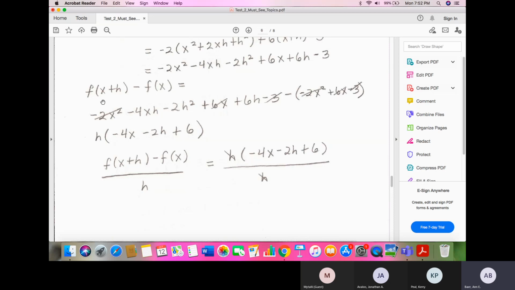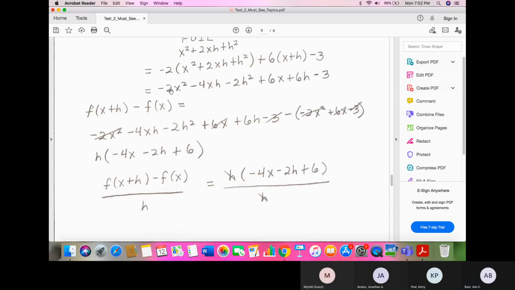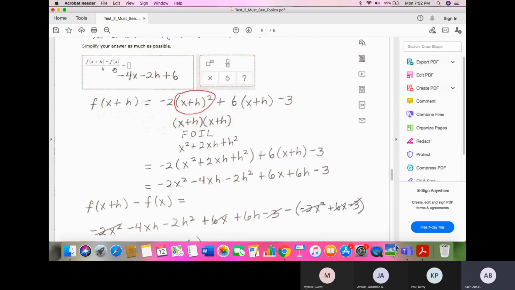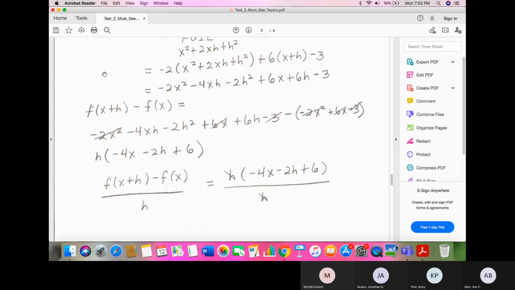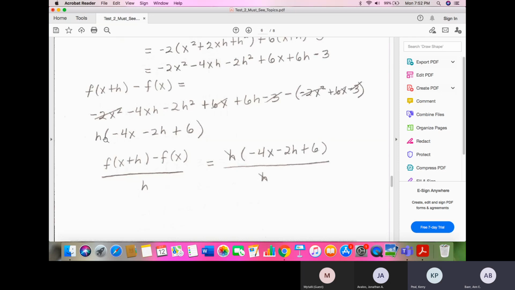So that's all we can do with the difference part of the difference quotient. The only other step we need to do is to divide by this h here. First of all, I want to label this so you understand that we are now finding f of x plus h minus f of x, over h.